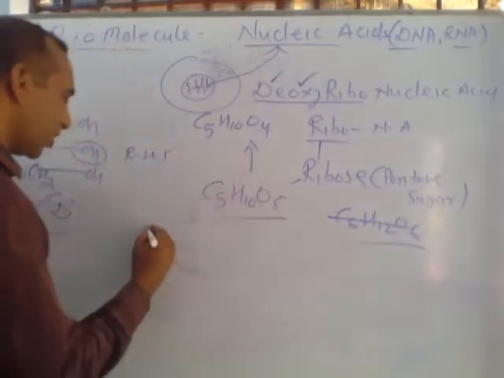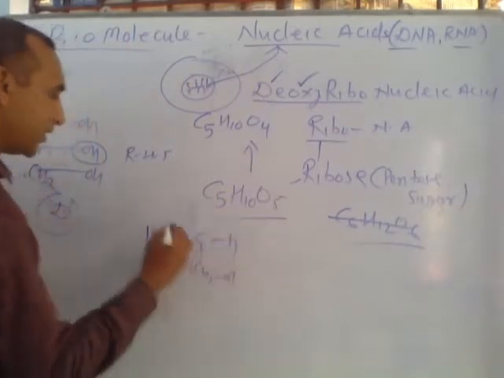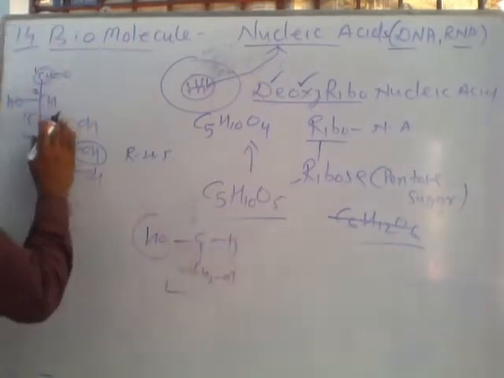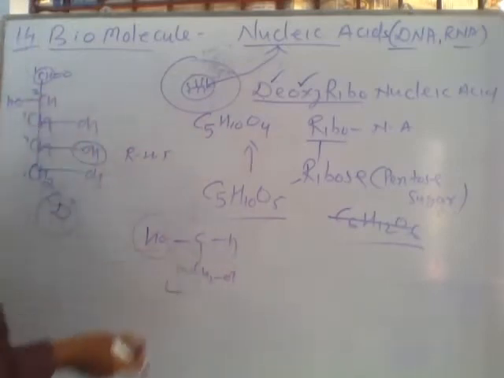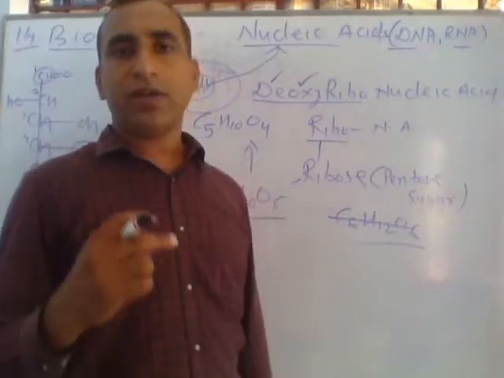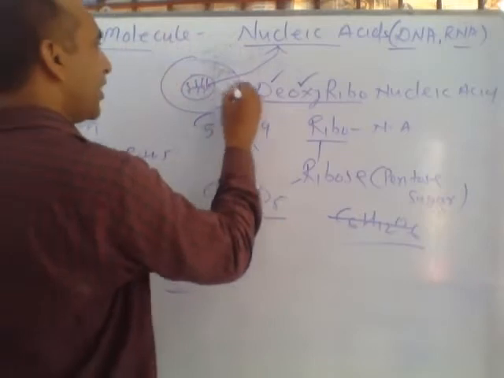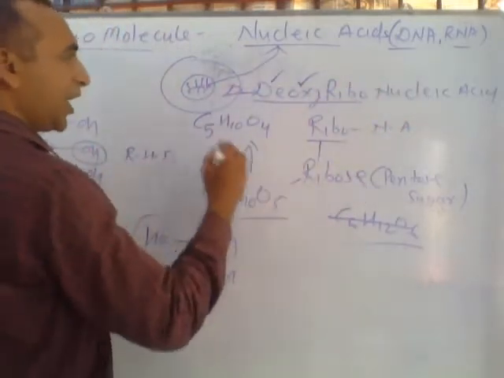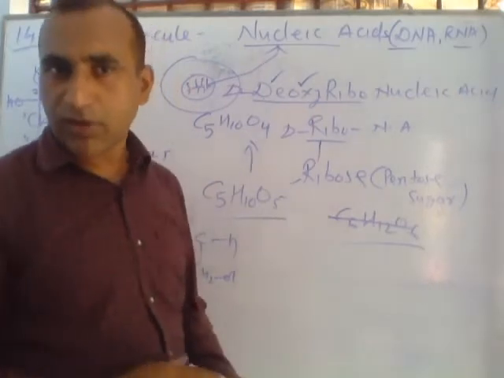L form means OH is present on the second last carbon on the left-hand side. But ribose and deoxyribose both have OH on the right-hand side on this second last carbon. So before ribose and deoxyribose we write capital D: D-deoxyribose and D-ribose.